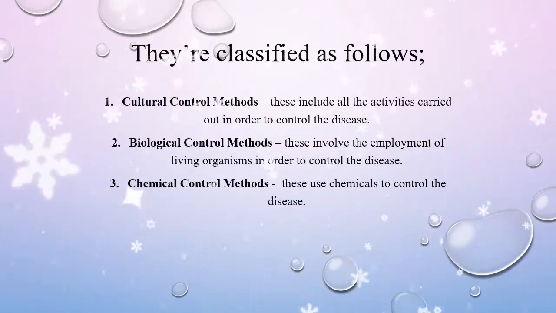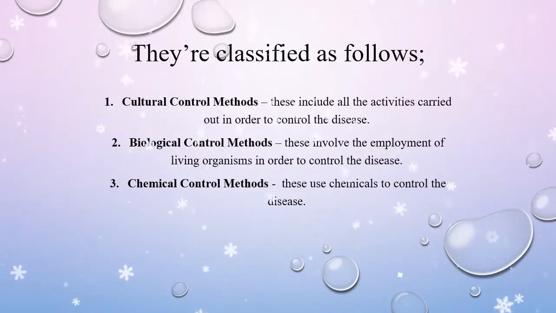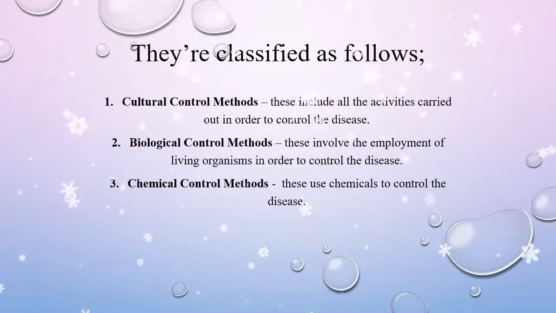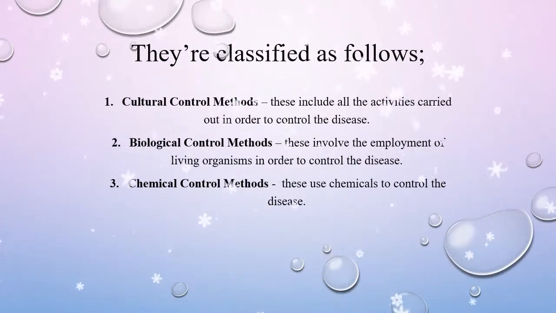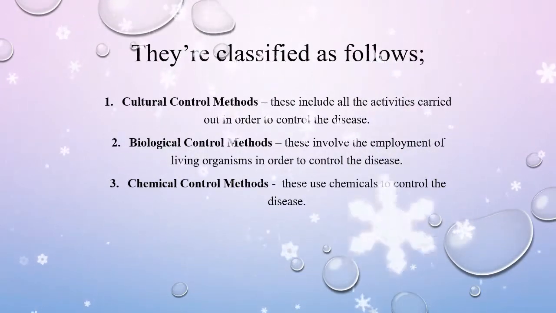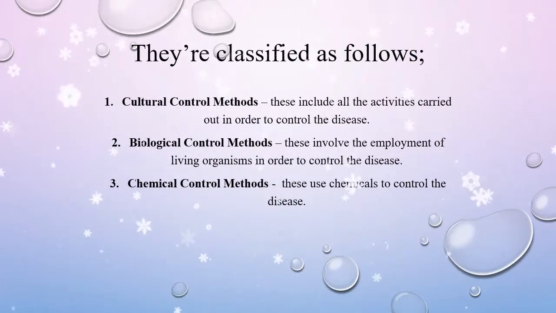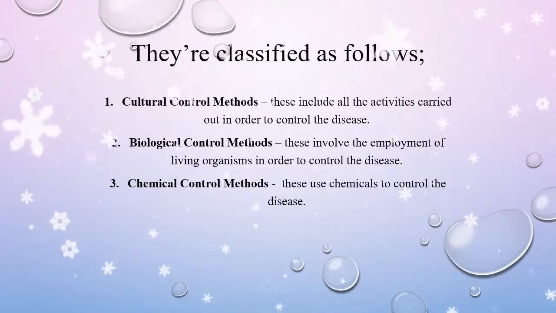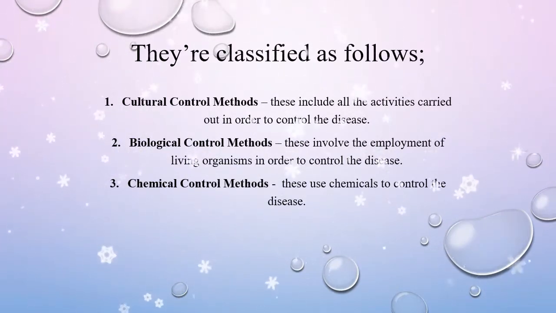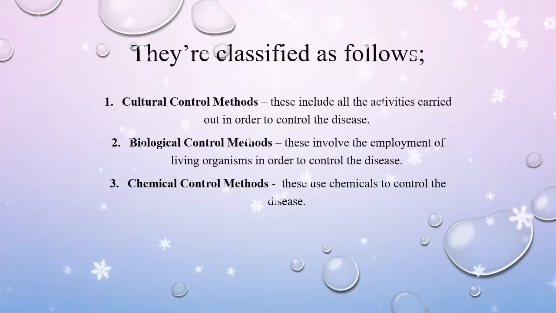So these methods are classified into three main categories. These are cultural control methods, which include all the activities and practices carried out in order to control the disease. Then we have biological control, which involves the use of living organisms to control the disease, and this requires your knowledge about food chains and food webs, the organisms that eat other organisms, making them prey.